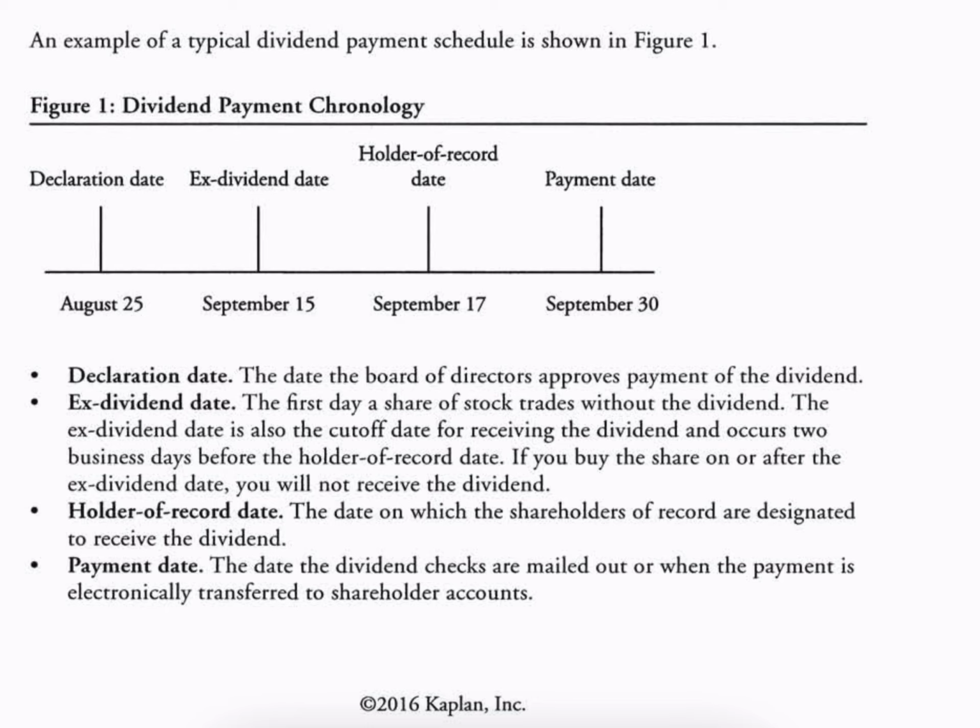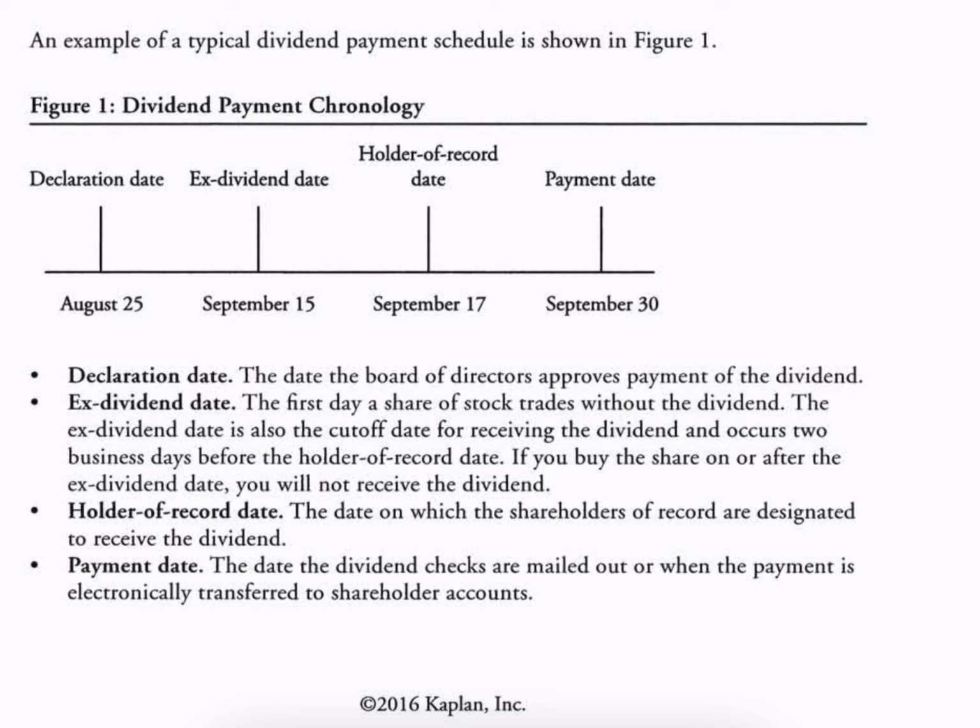If you buy a share on or after the ex-dividend date, you will not receive the dividend. Holder of record date, the date on which the shareholders of record are designated to receive the dividend. The payment date, the date the actual dividend checks are mailed, the actual payment, or when the payment is electronically transferred to the shareholder's account.